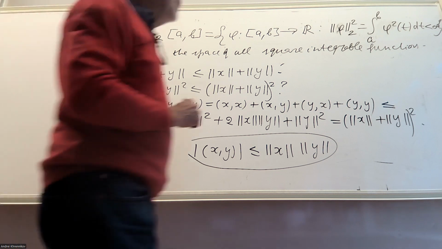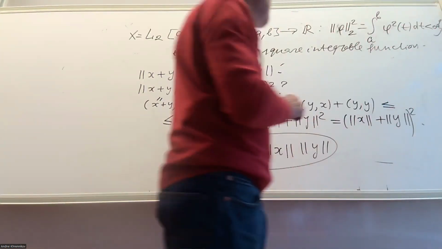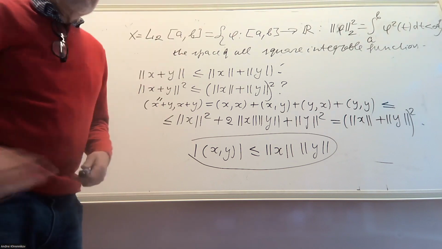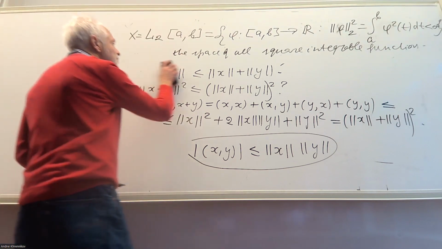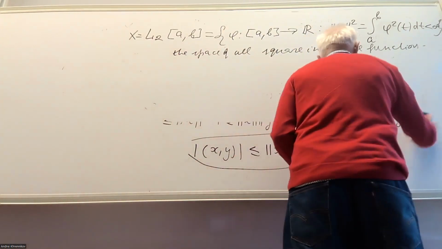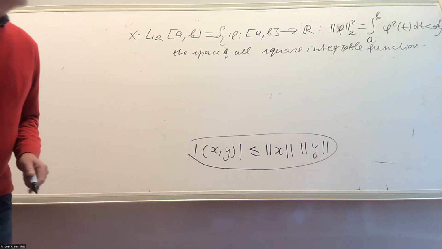This is the main space which is used in wireless communication, in electrical engineering, in signal analysis. What is the meaning of the square of this norm, of this integral? It is the energy of the signal.